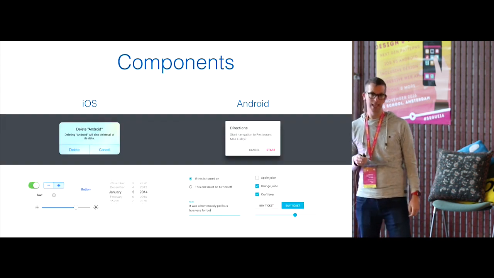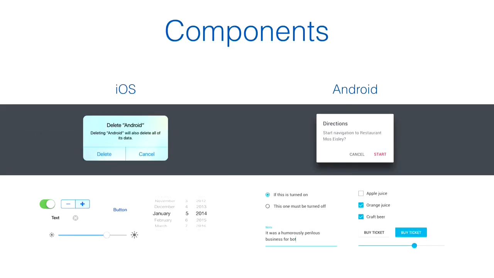Also, each platform has their own set of components. And usually it's not a very good idea to deviate from those components. So, as you can see here, alert boxes and stuff, just use the components available in the OS. Although, sometimes for you as a designer, or maybe even for your client, some things on Android might feel strange if your client, for example, is also using an iPhone.